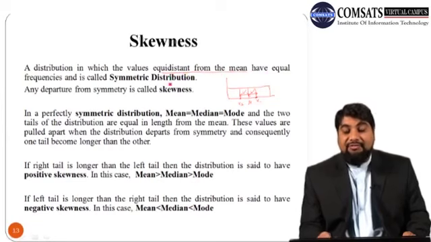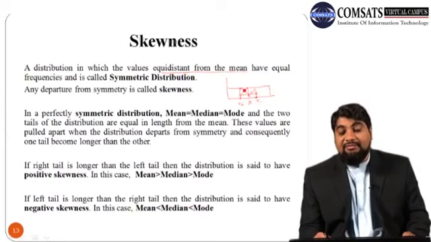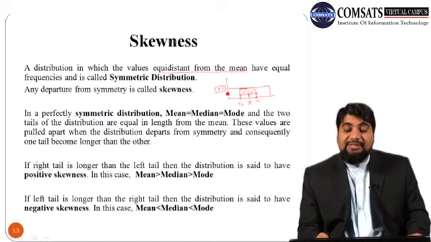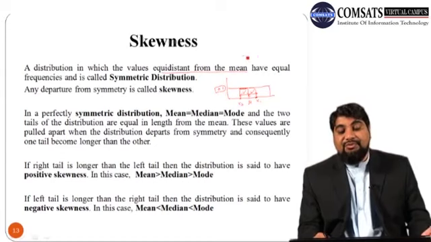If they have equal frequencies, and we can measure the frequency from the height, suppose the frequency of each of these two values is the same, which is 0.1 or 10%, then it is called a symmetric distribution.